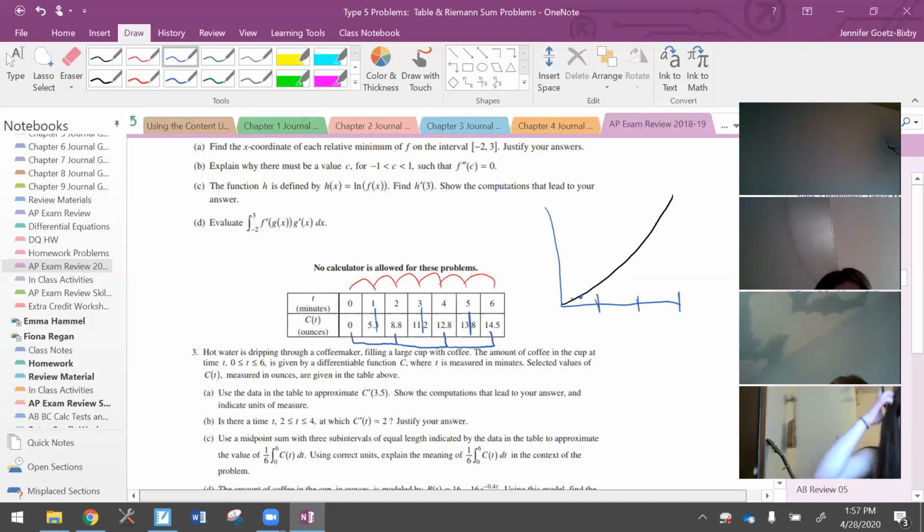And whatever the value is in the middle of my interval, that's what I'm going to use for the height of my rectangle. You don't have to draw the picture. I'm just trying to use it so you can see.